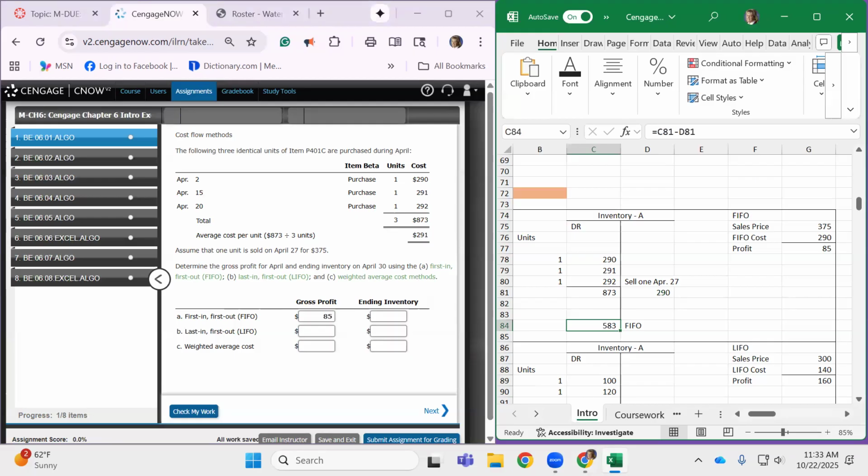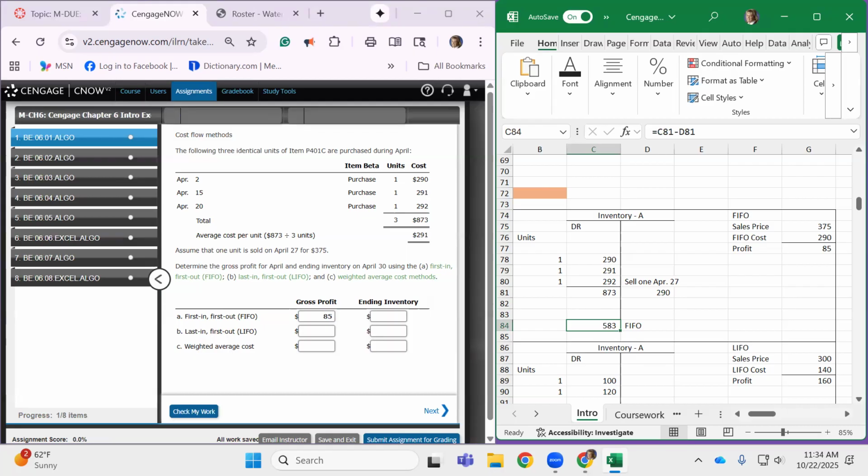It's what we're going to sell. We had one purchase on April 2nd, April 15th, and April 20th. All of those were different values. You can't combine a cost unless it's the same cost as last time.